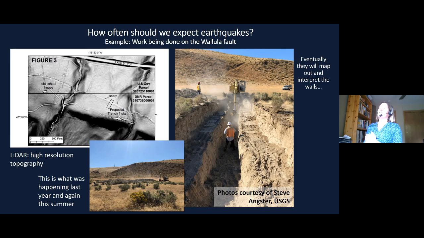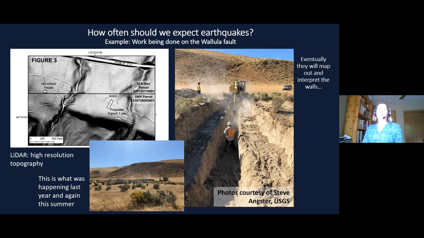But you can see it's very expensive and time-consuming work to do this on all the faults in Washington, and it's happening, but it's just happening as we go along. And so scientists are working on it, but we don't know everything about all these faults. We're still learning more every single year.